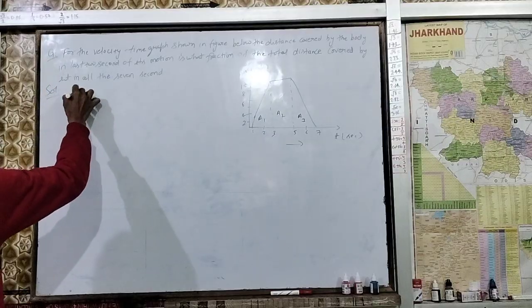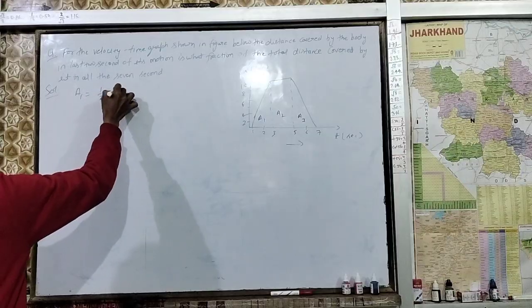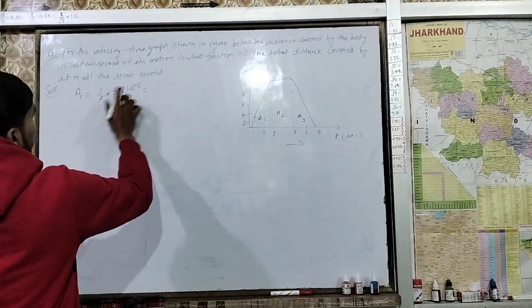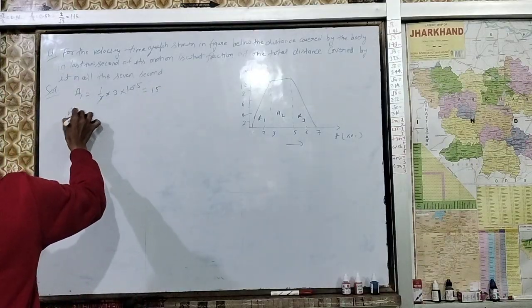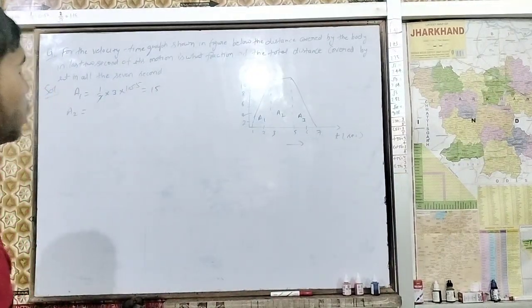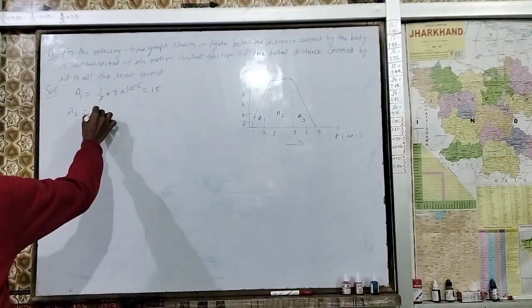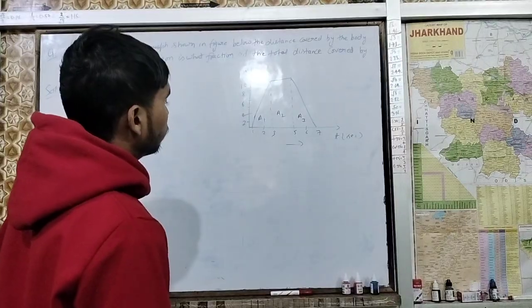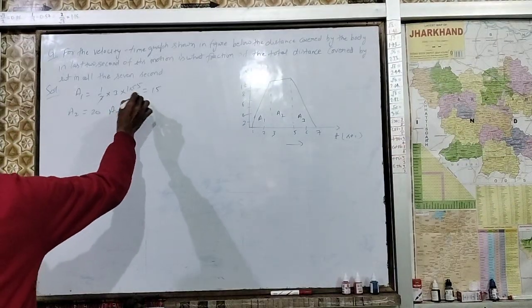A1 will be nothing but 1 by 2 multiple 3 multiple 10, 5 3s are 15. So A2 is going to be 2 multiple 10, 20, and A3 is going to be 2 multiple 1 by 2 multiple 15.